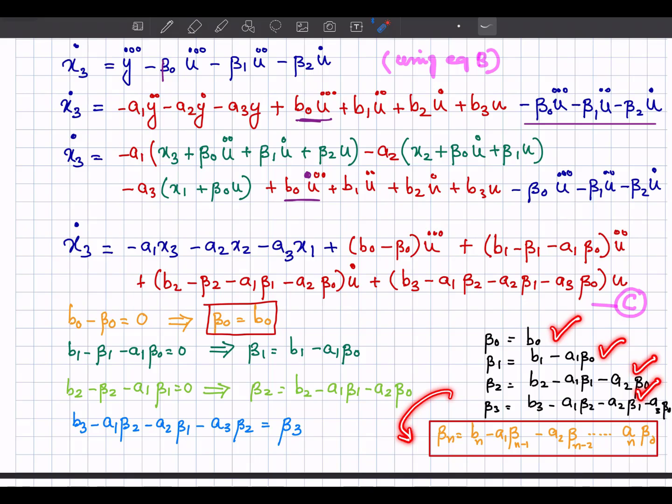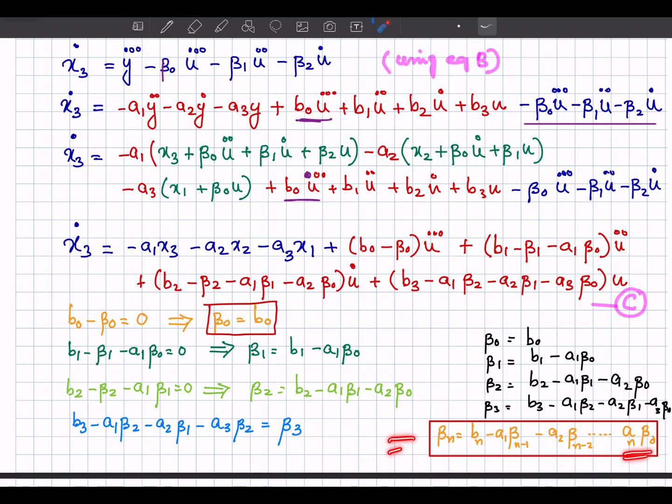If we generalize it for an nth order differential equation, we can say that beta n will be equal to, as we look at the trend, 0, 1, 2, 3, bn minus a1 into beta n minus 1, then minus a2 into beta n minus 2, and so on, with the betas changing from 0 to n.